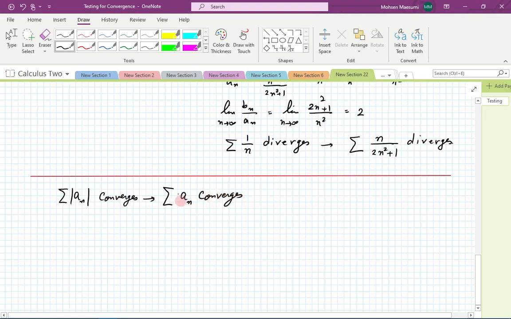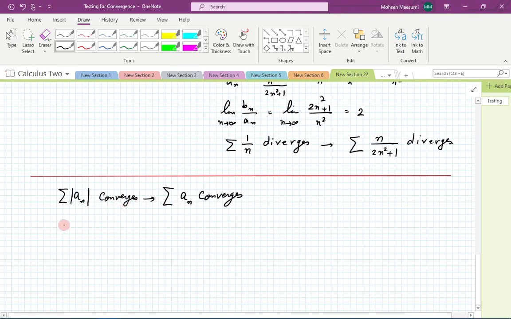Qualitatively, how do we know that? The numbers could be positive, negative, they could cancel each other out, and that's going to be even more of a control than just adding positive numbers. So this one has a better chance of converging than that one actually.